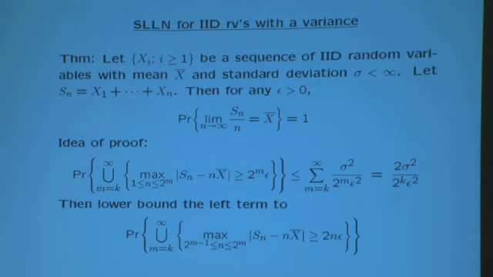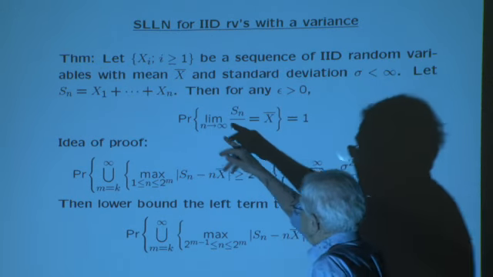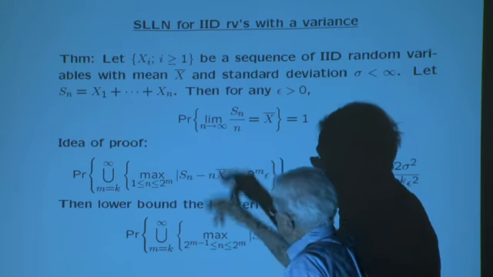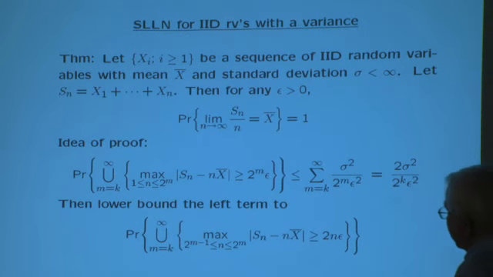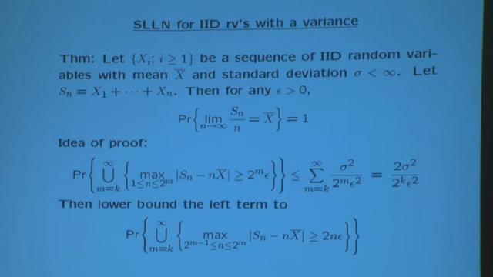Okay, let S sub n be the sum of n random variables. Then for any epsilon, no, I don't need an epsilon there. Just cross that out. It doesn't belong. The probability that the limit as n goes to infinity of S n over n is equal to x bar.